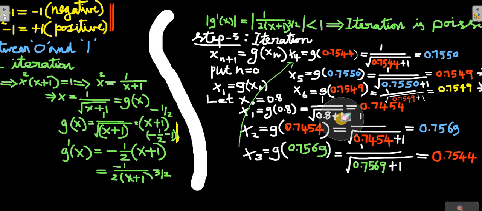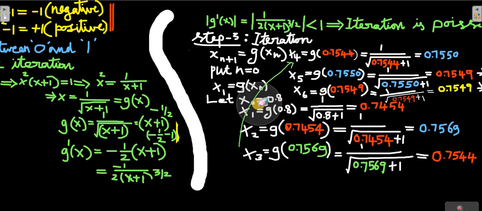If you simplify this, you will get 0.7454. So the first approximation is 0.7454.